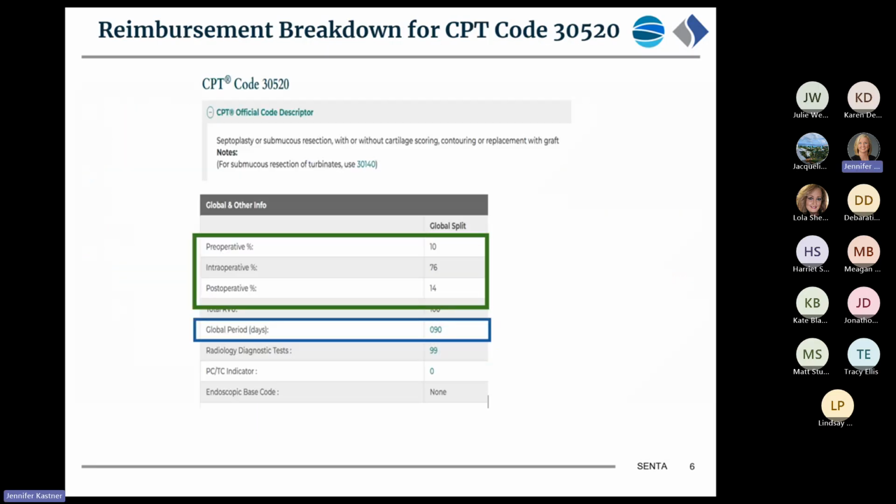On this slide, you can see the global split for CPT code 30520, which represents a septoplasty. As you can see, there is a 90-day global period for the CPT code. 10% of this reimbursement for the global surgery package goes toward the preoperative services, 76% is allocated to the intraoperative services, and 14% is allocated toward the postoperative care.